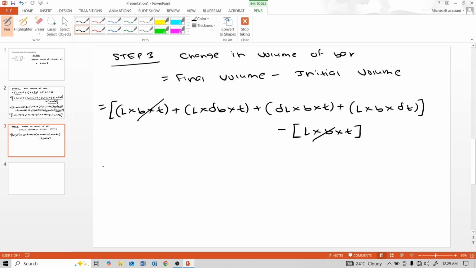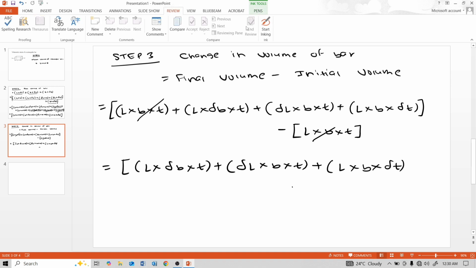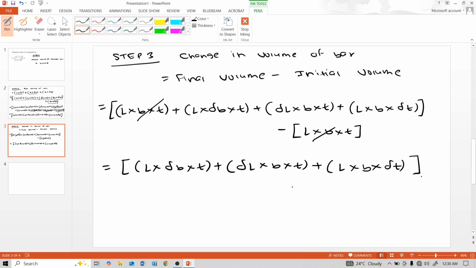Remaining change in volume is L into delta B into T plus delta L into B into T plus L into B into delta T. This is the change in volume of a bar.